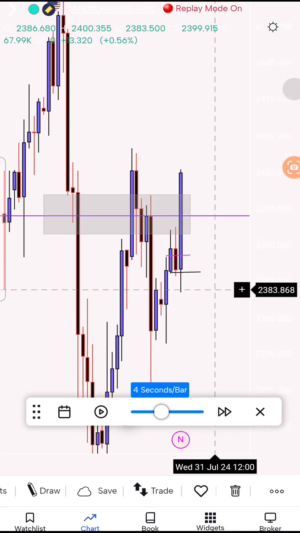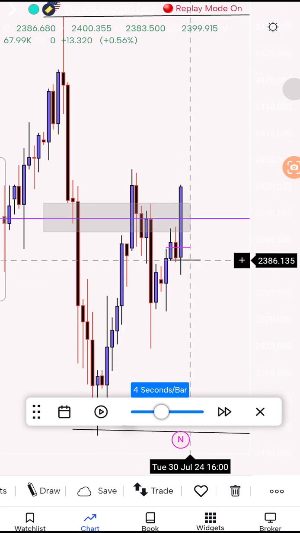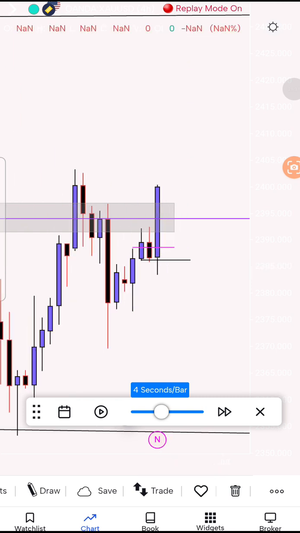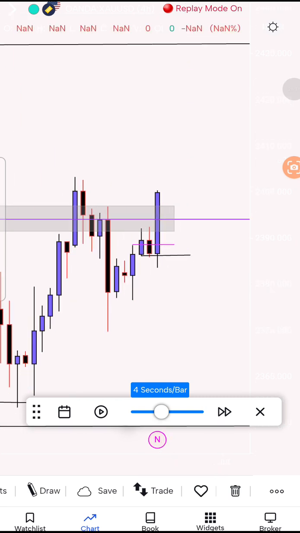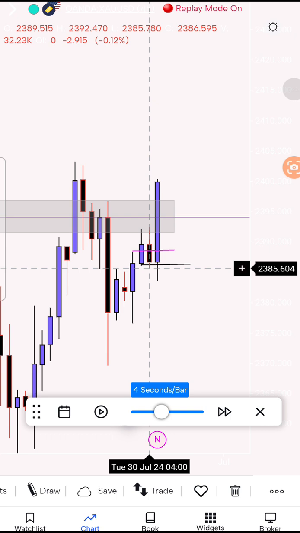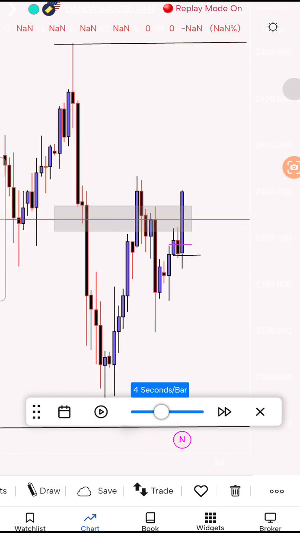So what happened is, at the fair value gap, we had these two candle rejections. Yeah, because this candle tapped into that fair value gap, we rejected shallowly, but the next candle tapped into the fair value gap, swept the liquidity of that candle, then we displaced above.